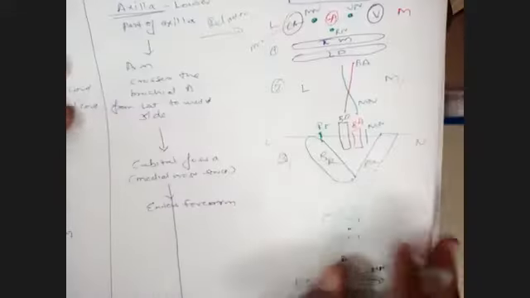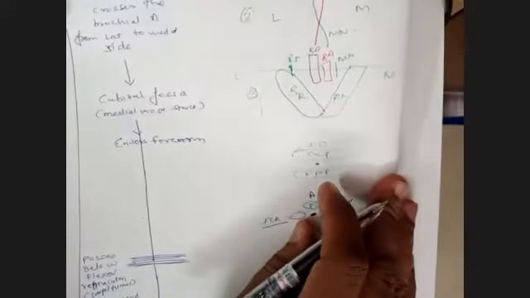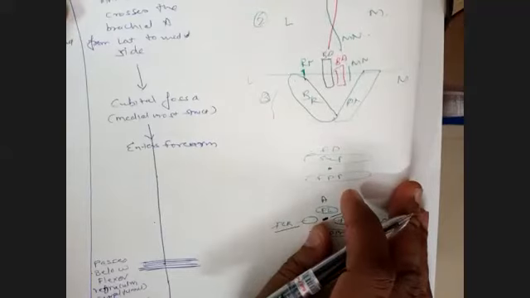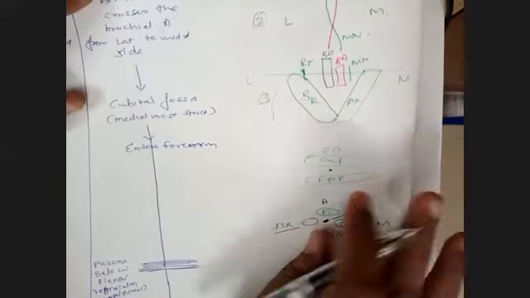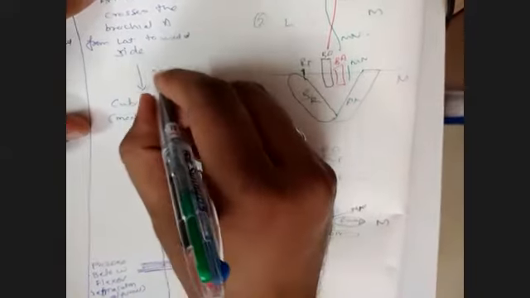Now let us see the muscles supplied by the median nerve. In the arm, it does not supply any muscle. Okay, no muscle supplied.